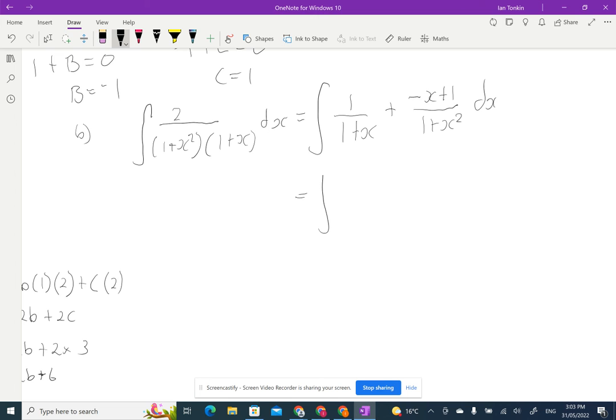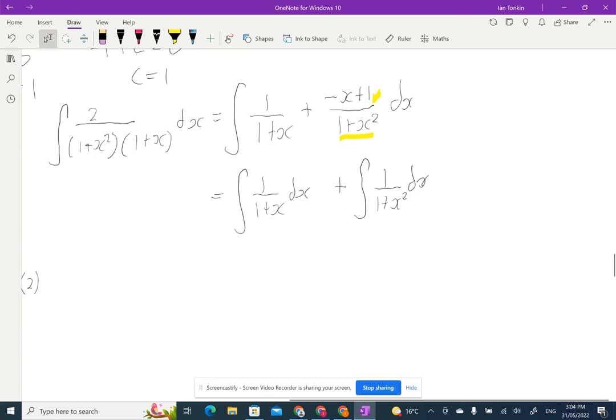Well, we'll just separate out that first one. So we've got 1 on 1 plus x dx. Now, I'm going to take that 1 on 1 plus x squared, 1 on 1 plus x squared dx. I'm going to separate that out. So I just took the 1 out.